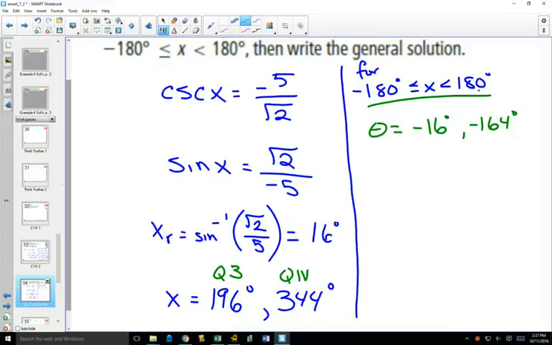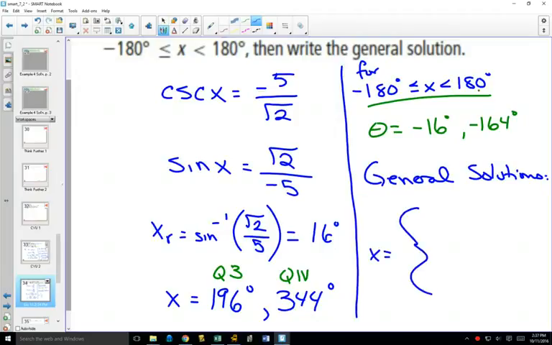So in this example, our actual answers when we looked at our specific domain were different because of the domain that was given. It's still nice to find our original two answers from 0 to 360 degrees, because when we want to write our general solution, remember our steps for finding the general solution, we found our answers between 0 and 360 degrees.